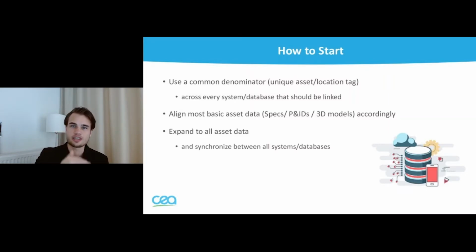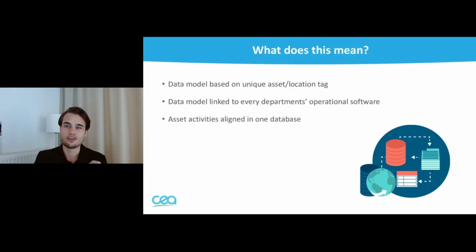You can then start connecting it with all the different systems that you're using. And all those systems will recognize your assets because they recognize either the tag that you define for them, they recognize the precision in the PNID, you know how it's connected, or they recognize the geographical location point that's in your 3D model.